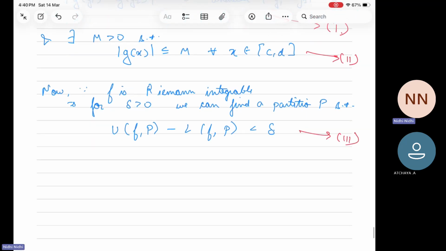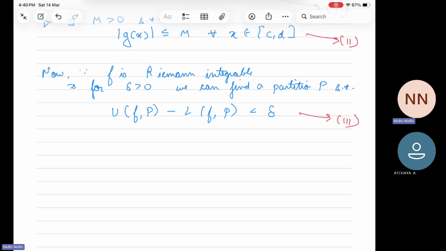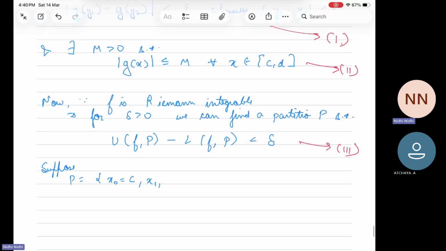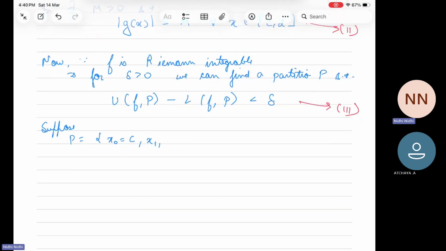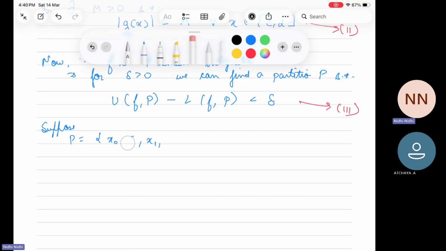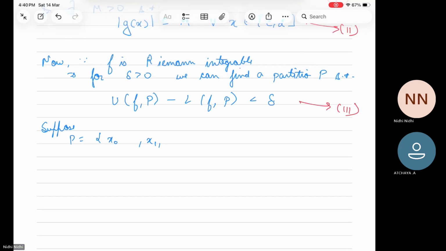Now suppose this partition is P: x0 equals a, x1, x2, and so on up till x(n-1), xn equals b.